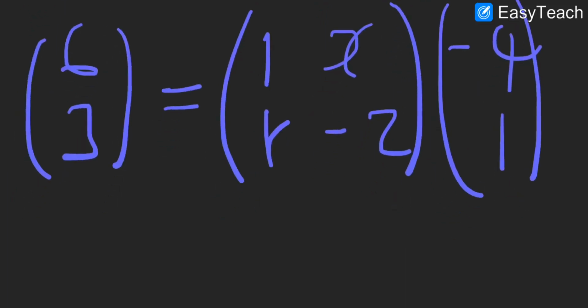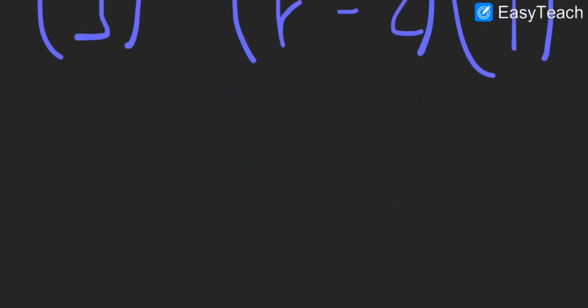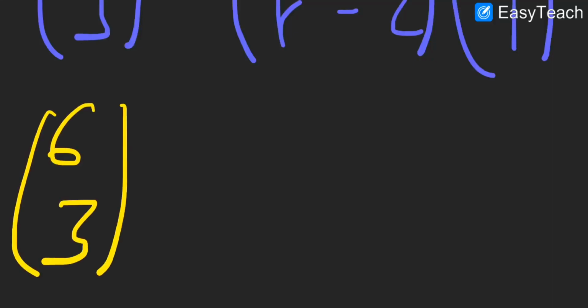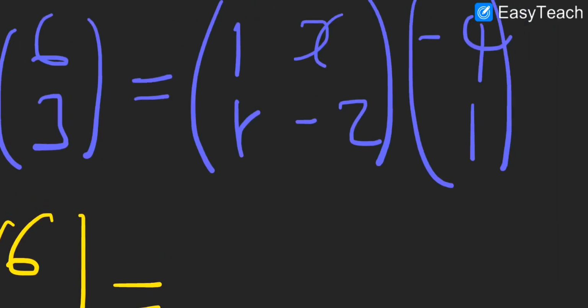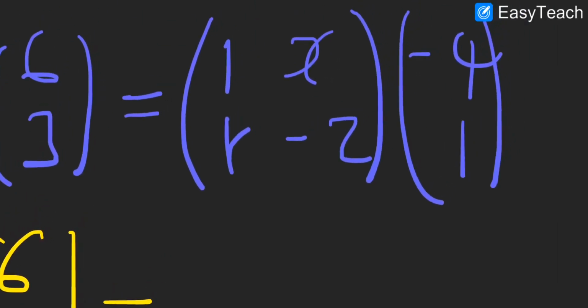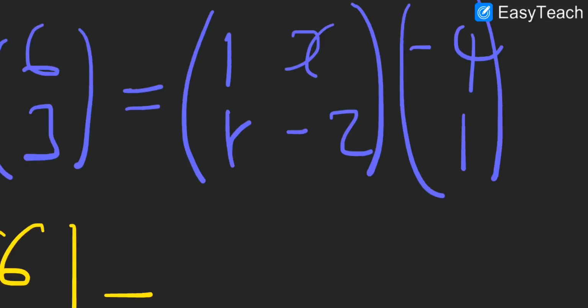So 6, 3 will be equal to, first row, 1 times negative 4 gives negative 4, plus r times 1, which is... sorry, plus x times 1, so negative 4 plus x.